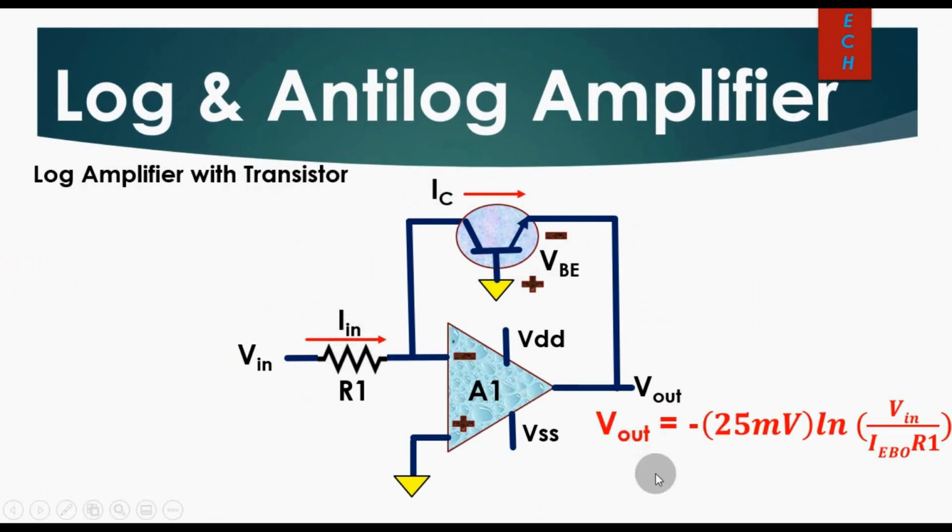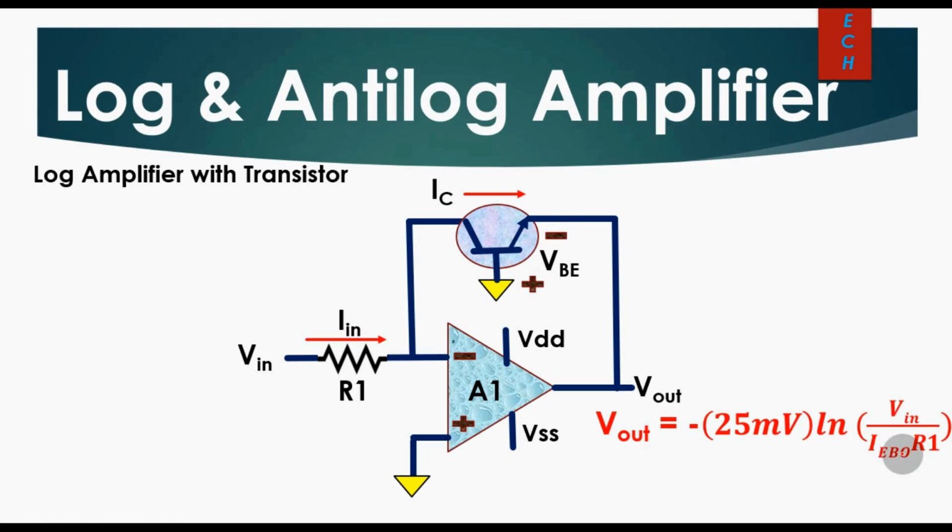So V out equals minus 25 millivolt ln V in divided by IEBO into R1, where IEBO equals the transistor reverse leakage current, emitter to base current when the collector is open.